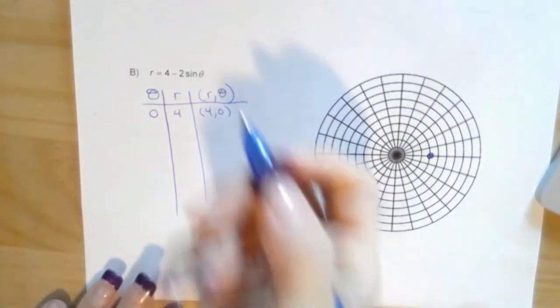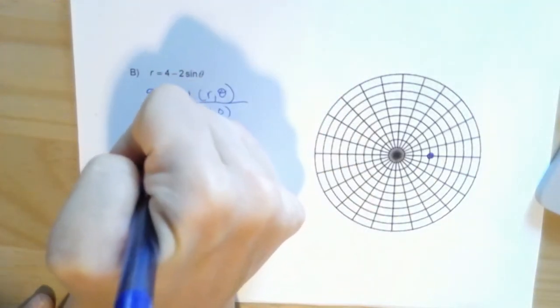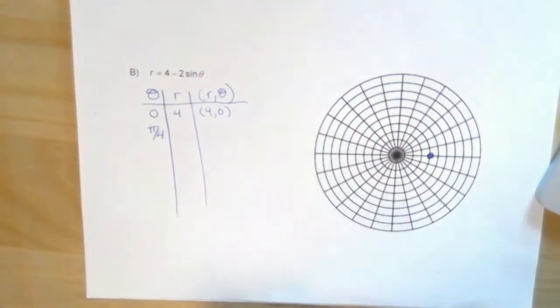Okay. Now, let's do pi over 4. So this is where we get a little tricky, and this is why I like using my calculator eventually, because when I have to estimate on the graph, 2 sine pi over 4, well, sine pi over 4 is square root of 2 over 2.